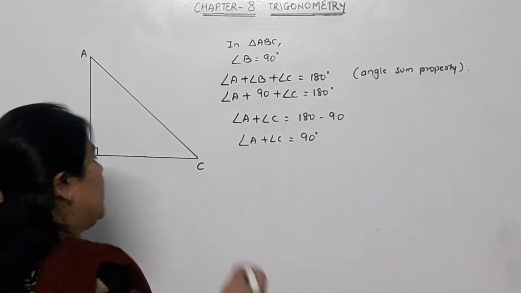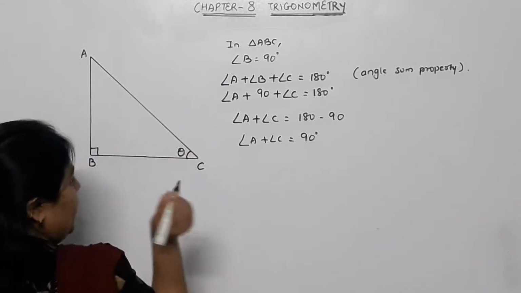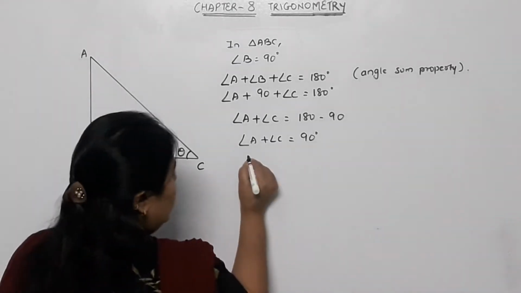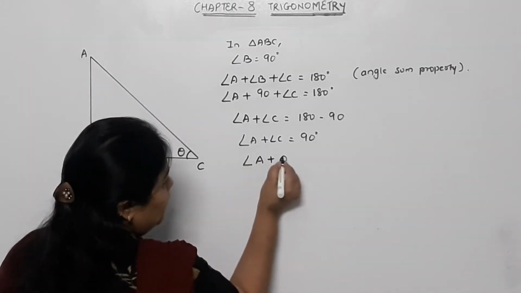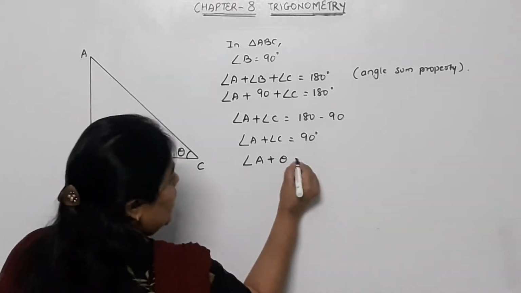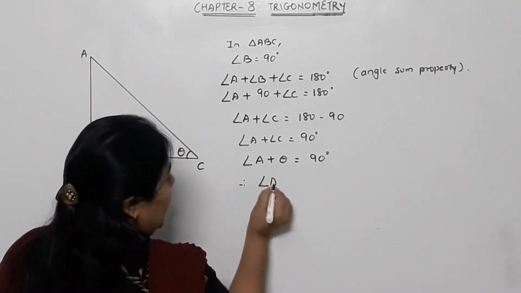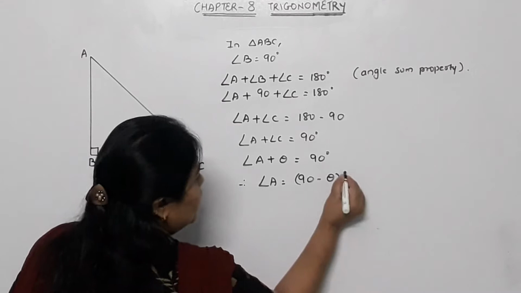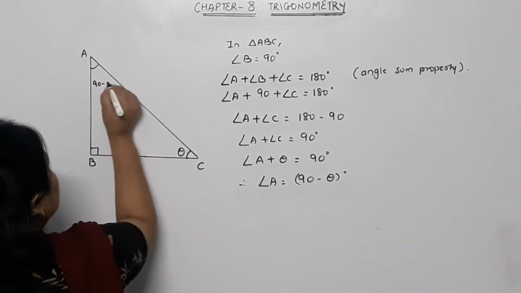For example, if I consider the measure of angle C as theta degree, then what will be the measure of angle A? Let's check. A plus theta equals 90. Therefore, angle A equals 90 minus theta. So, angle A is nothing but 90 minus theta degree.